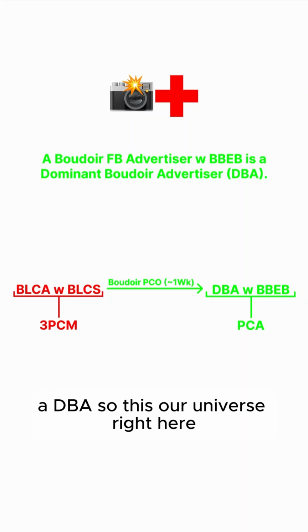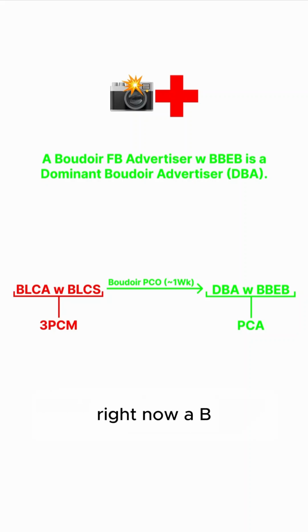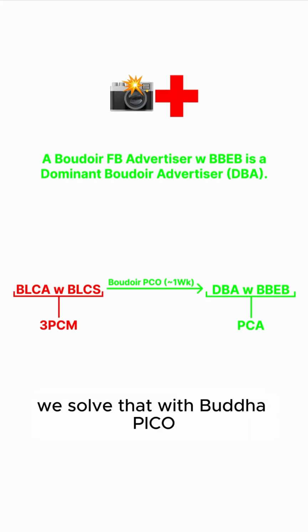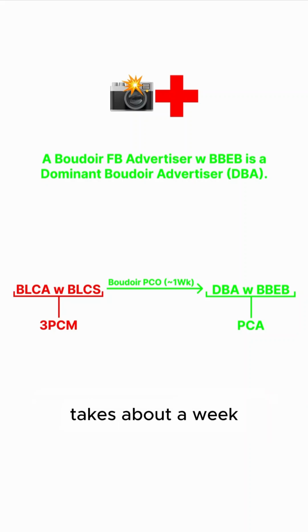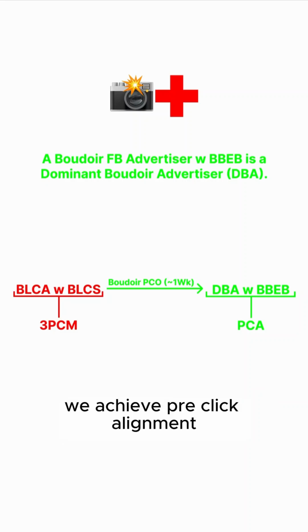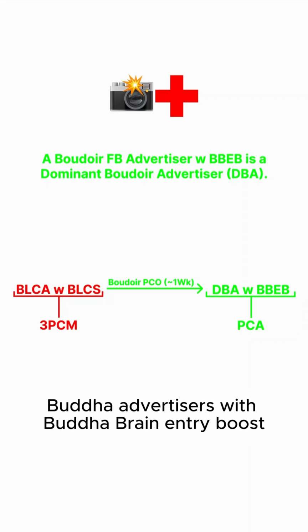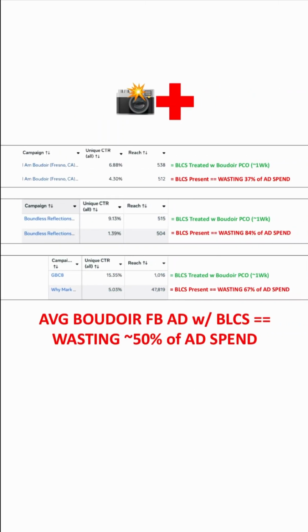So this is our universe right here, right now. A BLCA with BLCS is caused by the 3 pre-click mistakes. We solved that with Boudoir Pico. It takes about a week. We achieve pre-click alignment and we become dominant Boudoir advertisers with Boudoir brain entry boost.